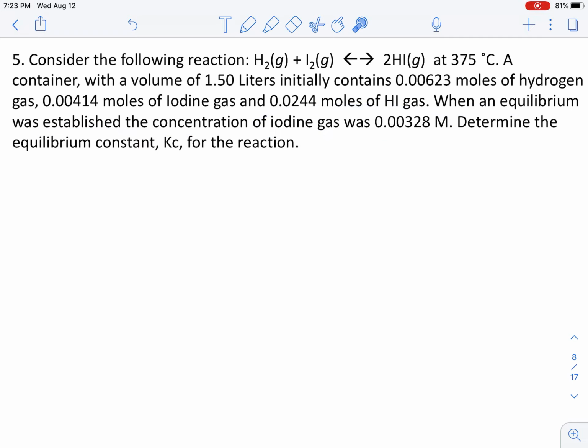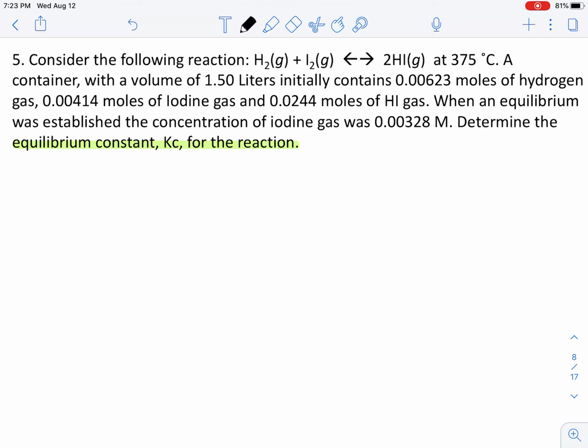And so from the information that's given, we're going to determine the equilibrium constant, Kc, for the reaction. This time our goal is not to find the equilibrium concentrations per se. Our main goal is to figure out the equilibrium constant Kc.